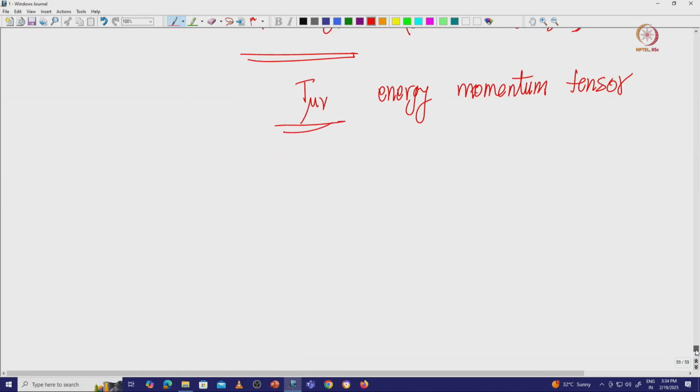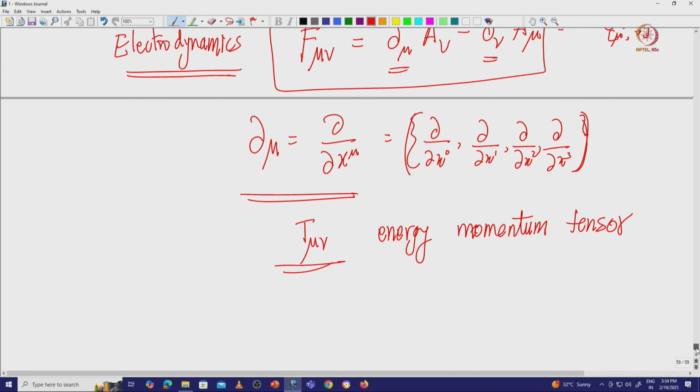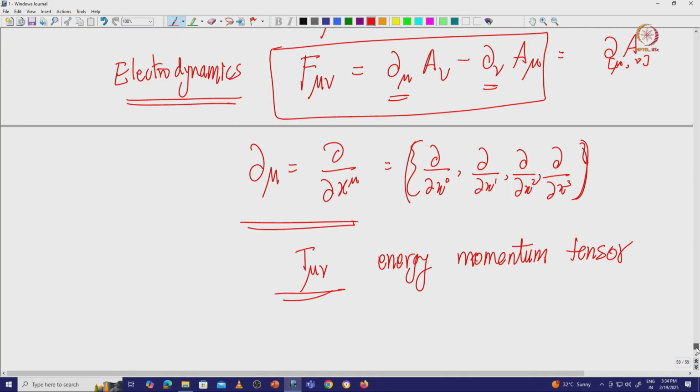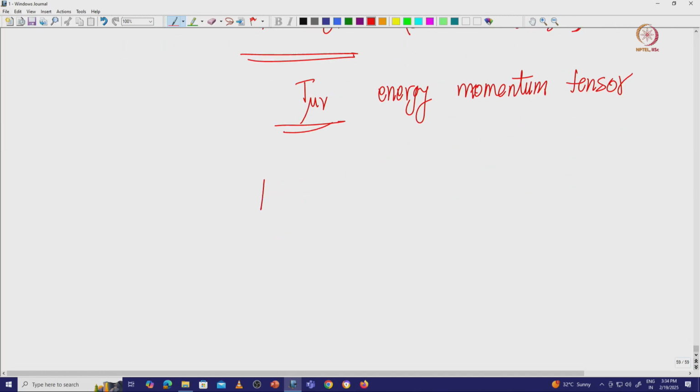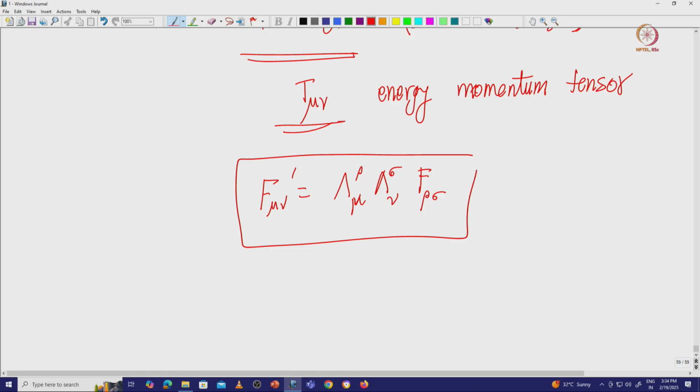The tensor transforms twice as much as a vector. For example, F mu nu prime is equal to lambda mu rho, lambda nu sigma, F rho sigma. So it has 2 Lorentz transformations instead of 1.